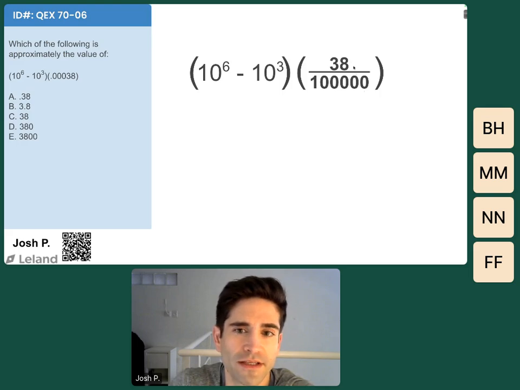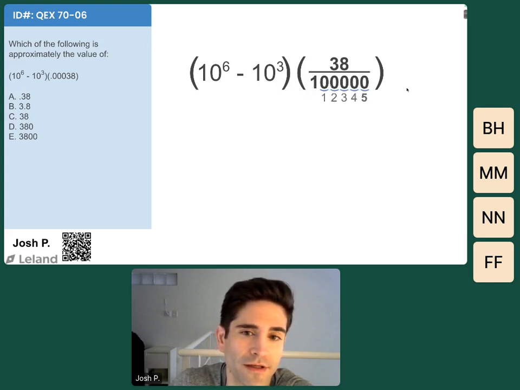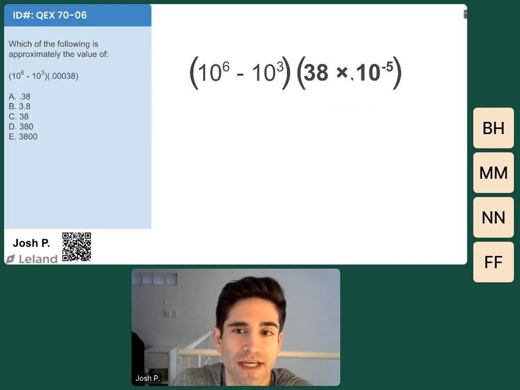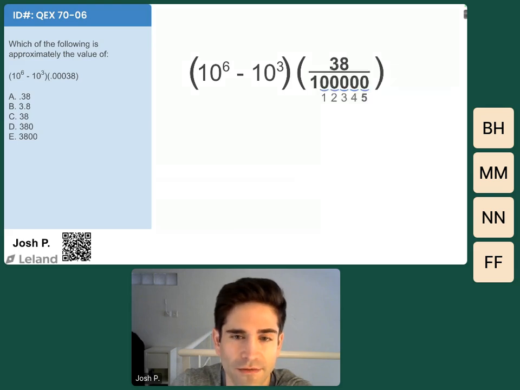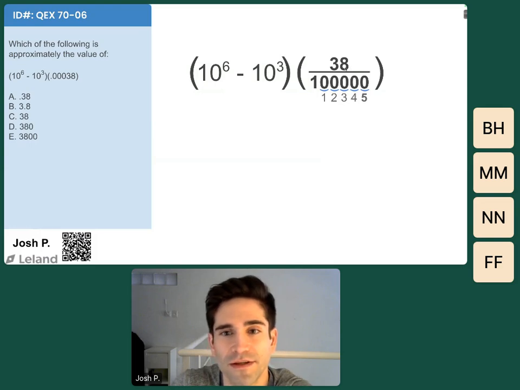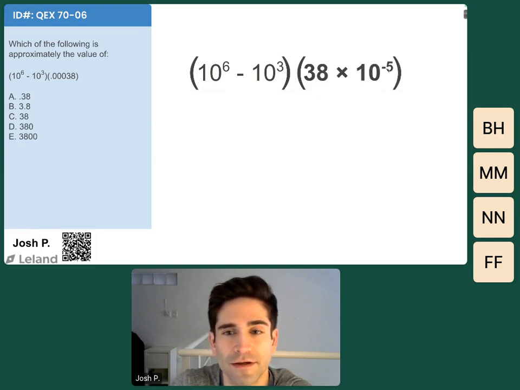And so we can put it into fraction form. We would have 38 over 1 followed by 5 zeros. So essentially what we have is 38 times 10 to the minus 5. Because if we have 38 over 10 to the 5, that's basically 38 times 10 to the minus 5.